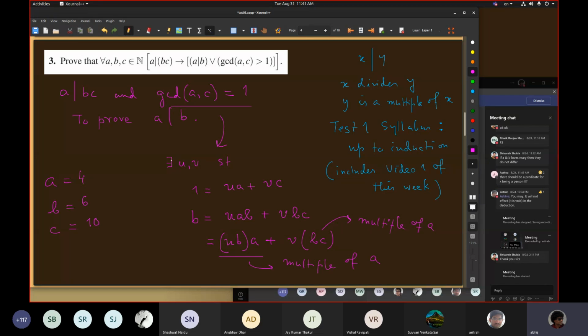That's also a very valid proof. You can proceed like that. No problem. Yes or no? I hope there are no more doubts here.